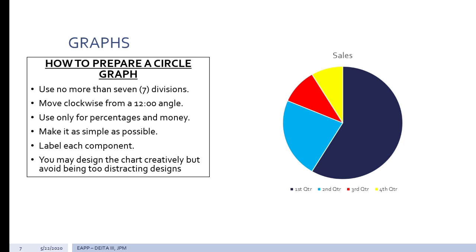Okay, good. Now this is very crucial, mainly because our brains are programmed to read from left to right, as we are being taught in the Western tradition. Thirdly, use it only for percentages and money.